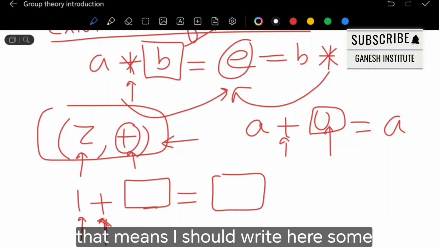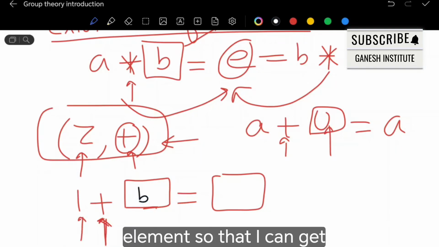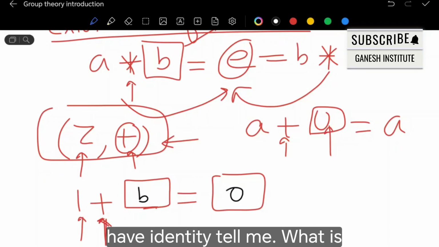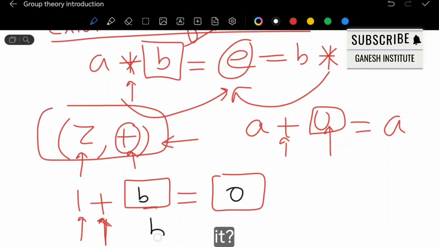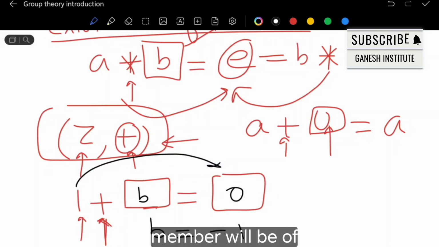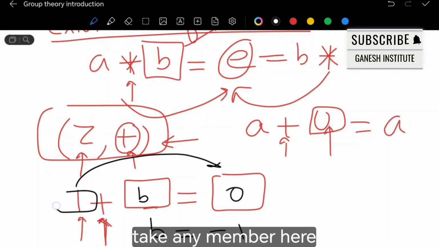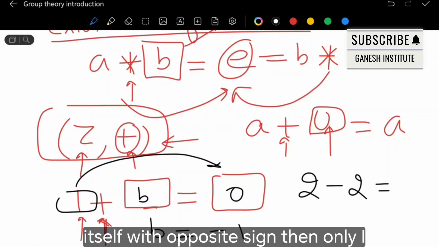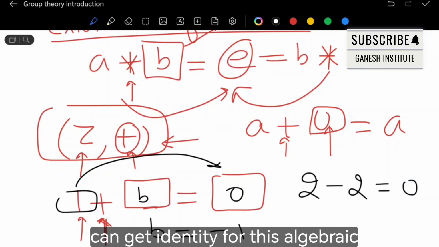That means I should write some element here so that I can have the identity. Tell me what it is. Then the member will be of opposite sign. If I take any member, say 2, I should have the element with opposite sign, and then only can I get the identity for this algebraic structure.